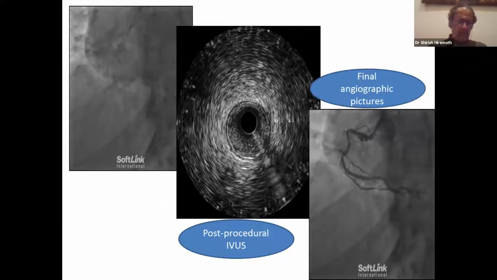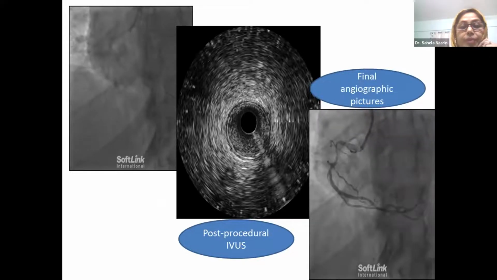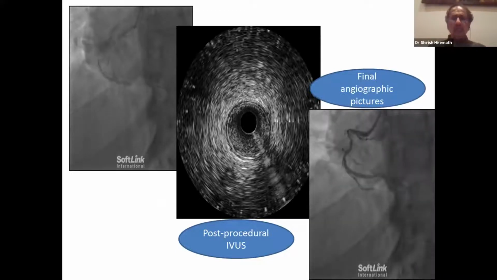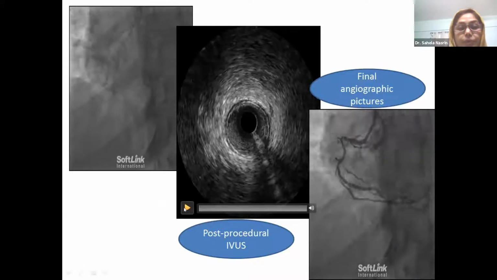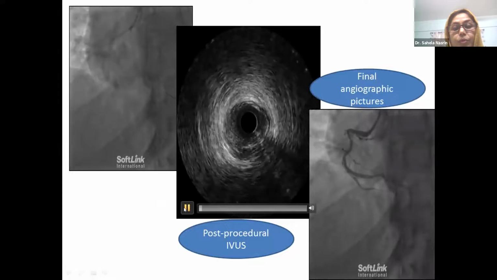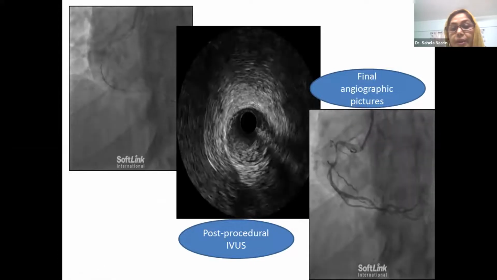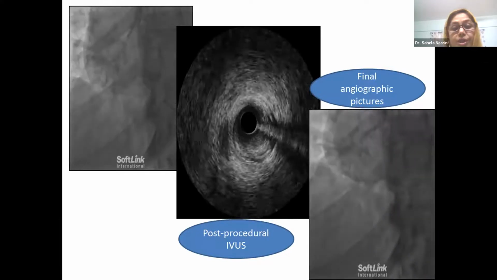Then post-procedural IVUS was done, which shows there was good apposition of stent, and this is the final angiographic picture of RCA.